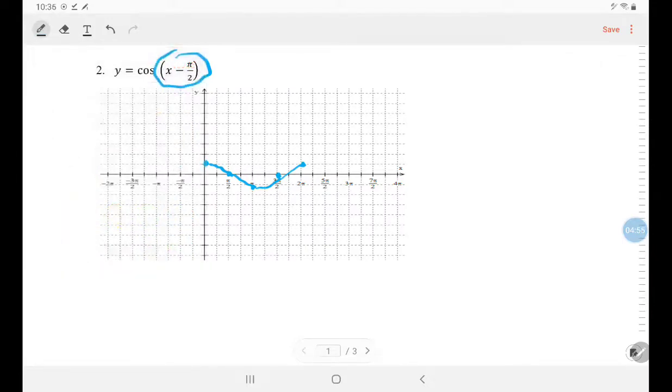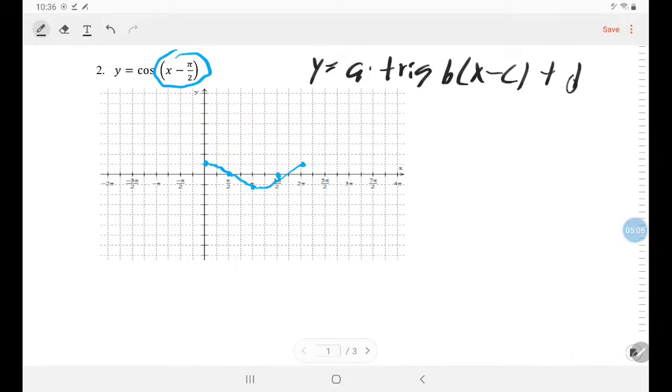Well, let's write our equation again. Y equals A times some trig function of B x minus C plus D. So I have an x minus pi halves where this has an x minus C. So basically what that tells me is that negative C matches up with negative pi halves.